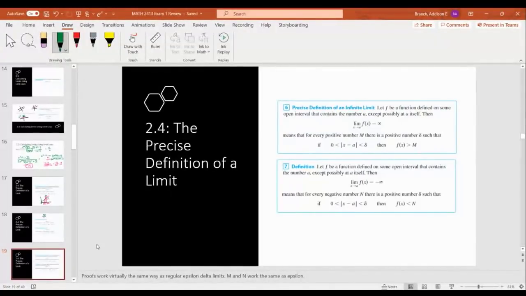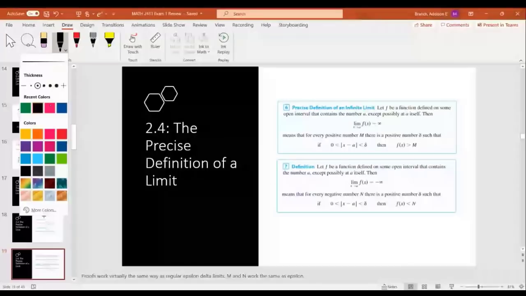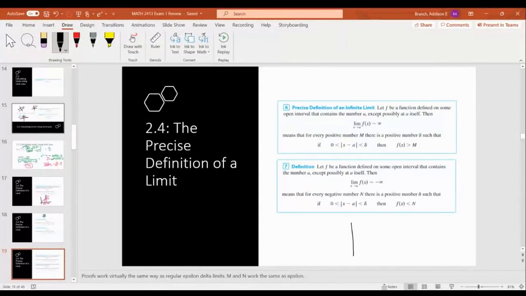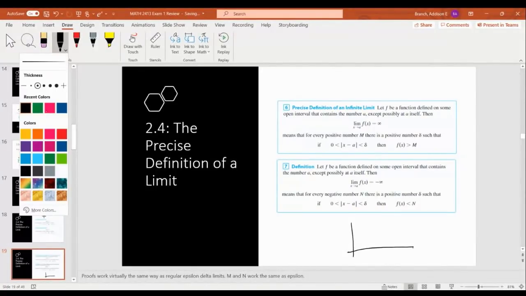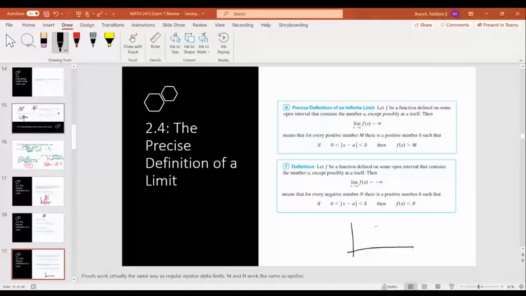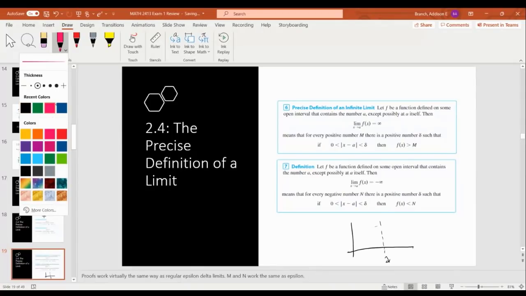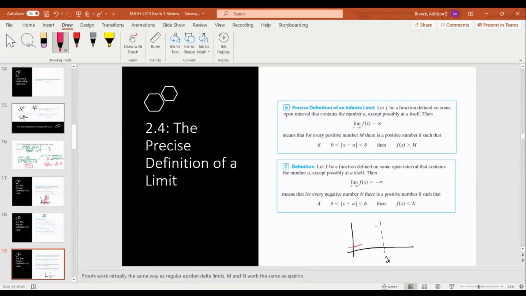So essentially what that's saying is, if we have a limit that's going to infinity, so we'll go ahead and call that point a, and our limit's going to infinity, there will be some point M, right?